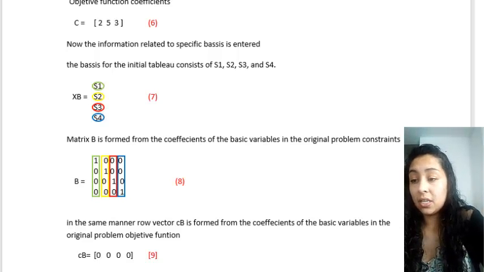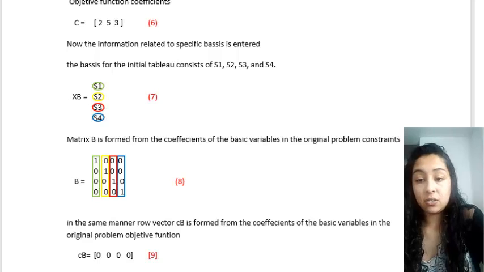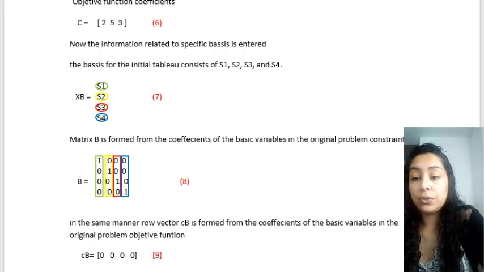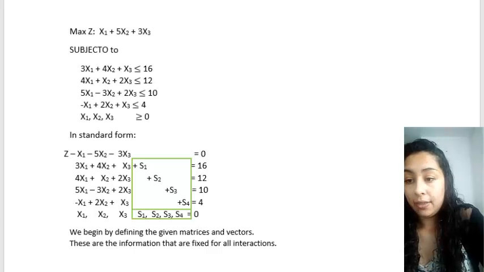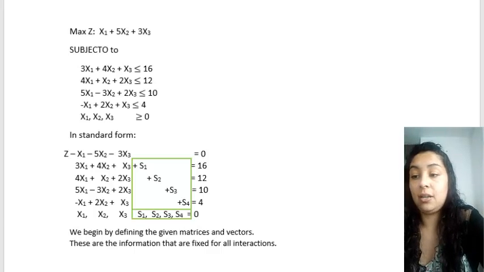Of course, S1, S2, S3, and S4 are related to the identity matrix, so we'll have the identity matrix here.